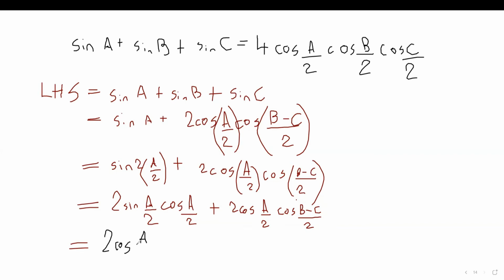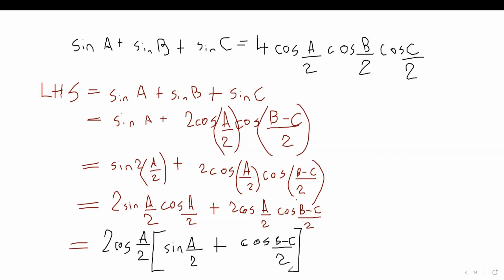What I'm left with is the sine of A over 2 plus, from the other term, cos B minus C over 2. So this is what I have now.